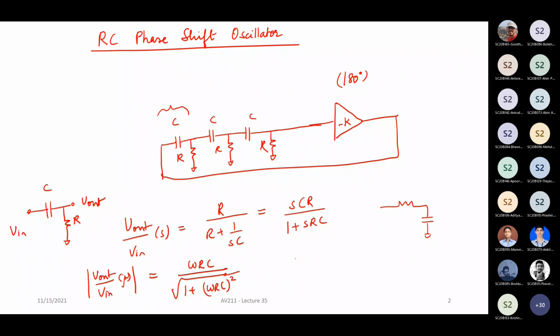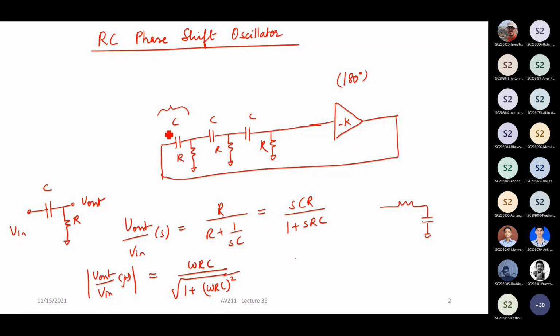You're right. So what I'm asking is, let us say all the C's and R's are equal. This is a feedback loop, and Barkhausen's condition tells you that the phase around the loop should be 0 degree or multiples of 360, right?